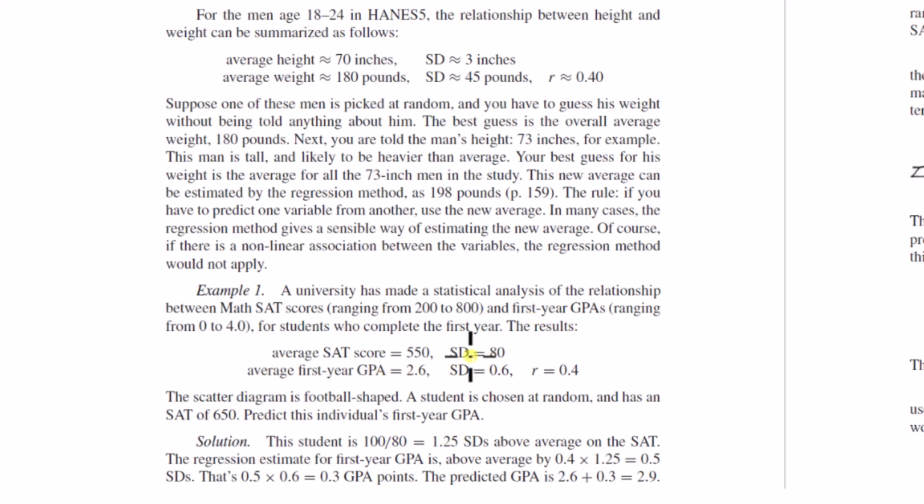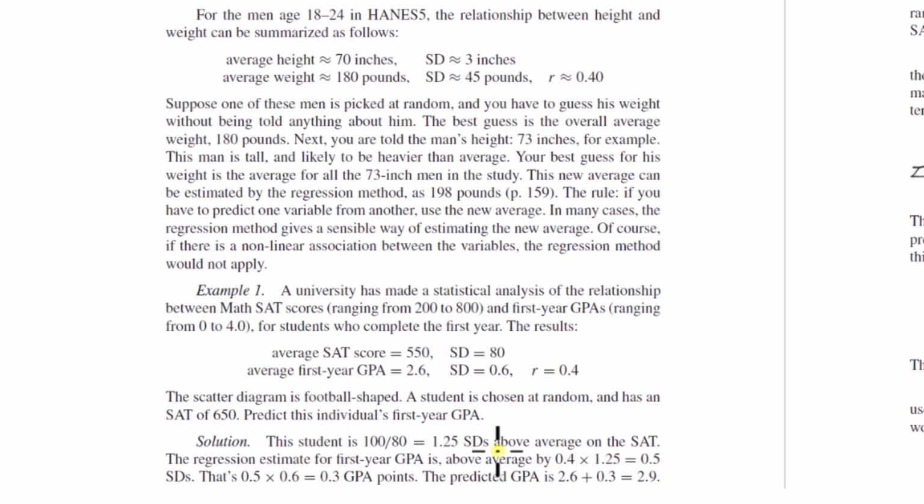The results are shown here with the correlation of positive 0.4. The scatter diagram is football shaped, which is important because otherwise we wouldn't take this linear correlation coefficient very seriously. A student is chosen at random and has an SAT of 650. Predict this individual's first-year GPA.